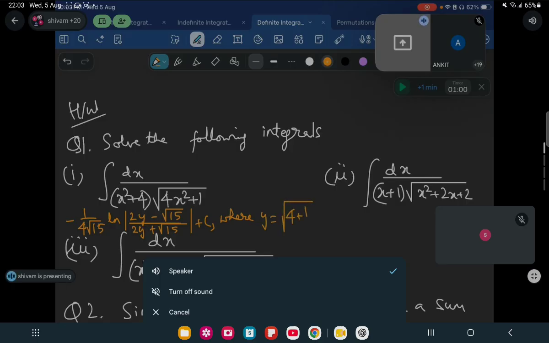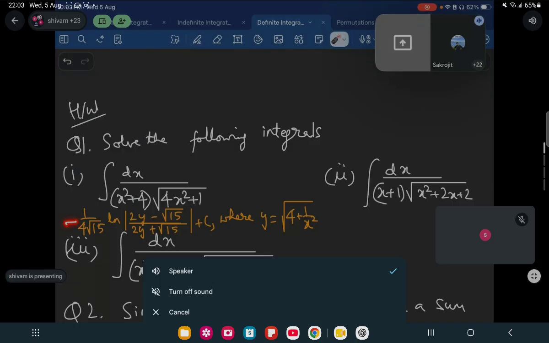Tell me. Anyone having any doubt in the first one? I hope everyone has got this. Sir, I think after substituting, the minus sign will get cancelled. I have not substituted the value of y, I have directly substituted it and I've not got the minus sign.